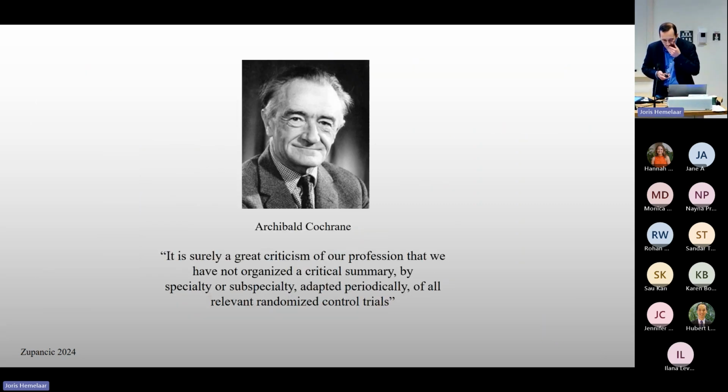Just to give some historical perspective about how we got to this data set, Archie Cochrane, who had been tasked with thinking about the delivery of health services here in the UK, wrote a book that you probably know about, Effectiveness and Efficiency, which he called Random Reflections. They were not random at all, on health services.